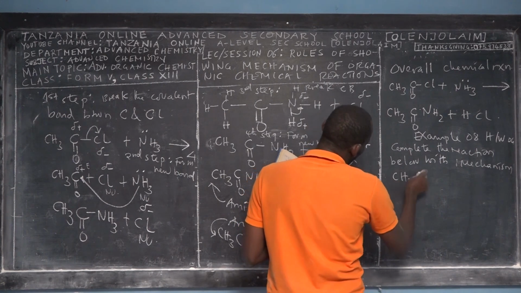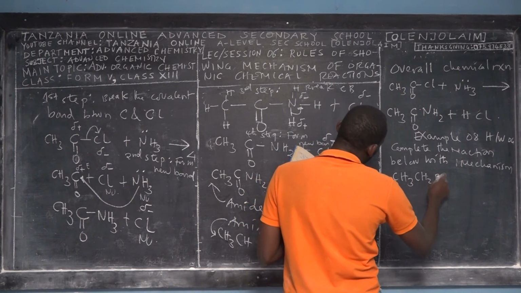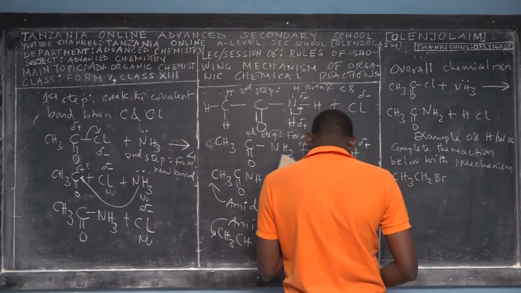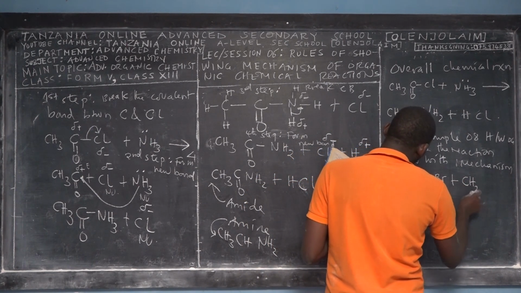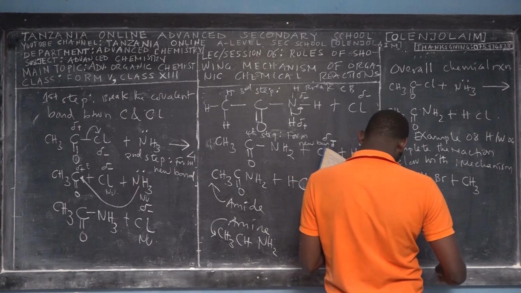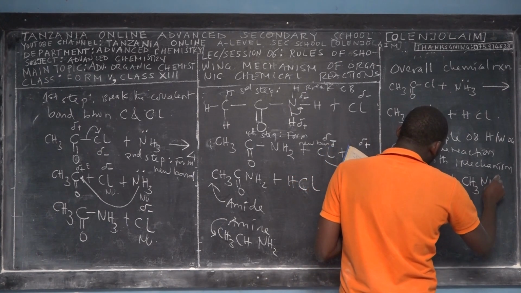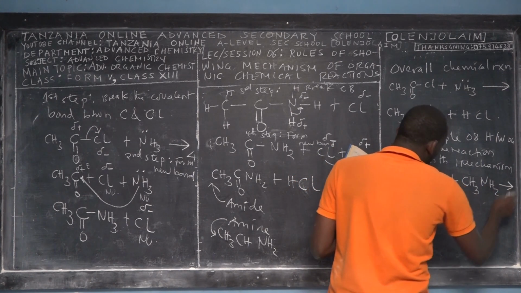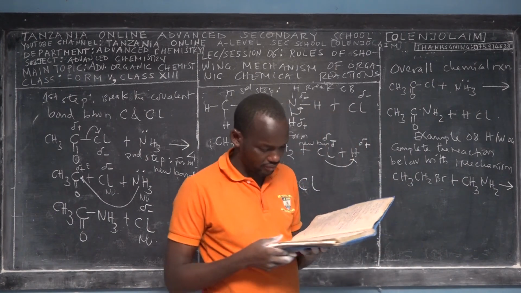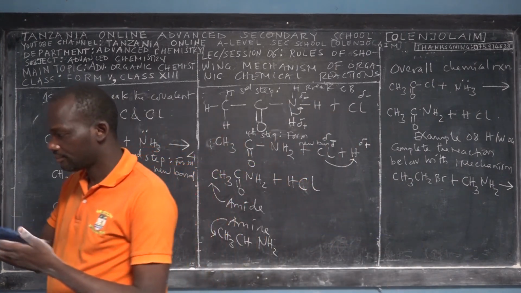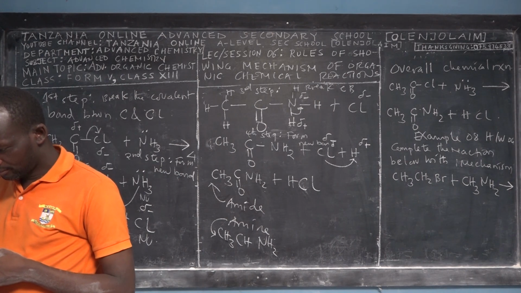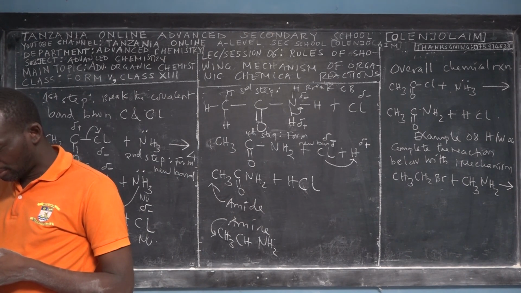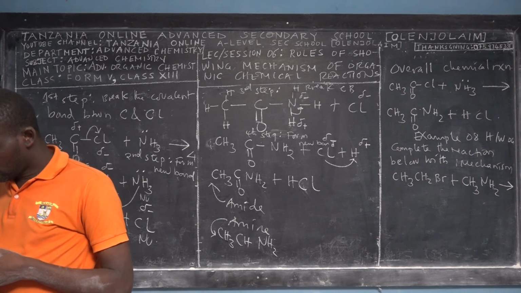It's simple. It's just an alkyl halide. This bromoethane, when it reacts with CH3 amine, give us the product. I'm not touching the concept of nomenclature.